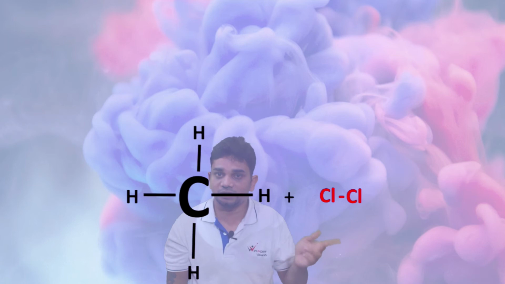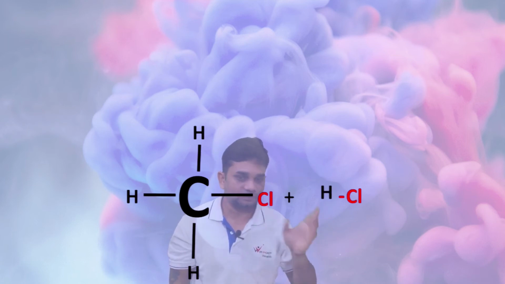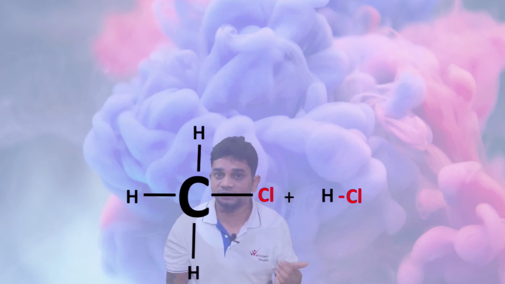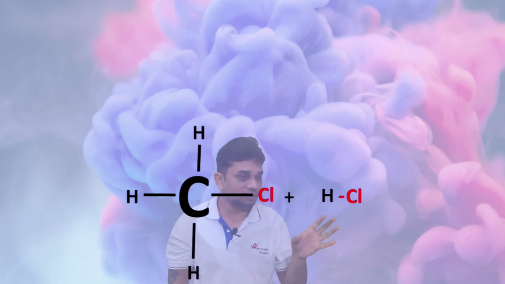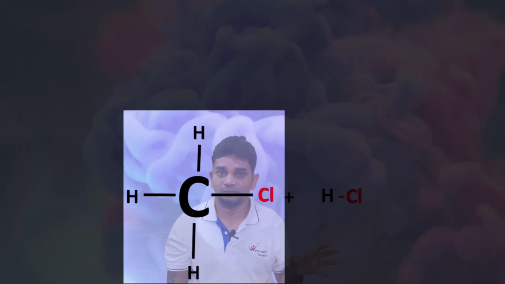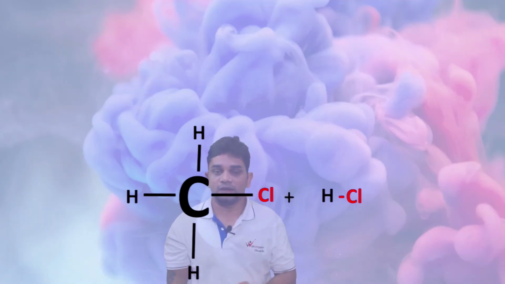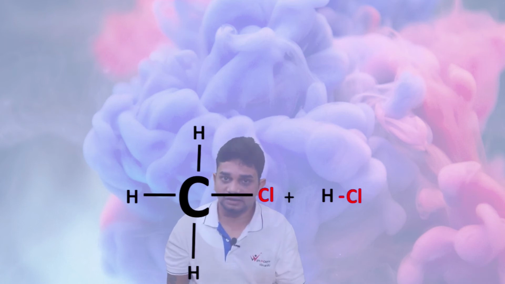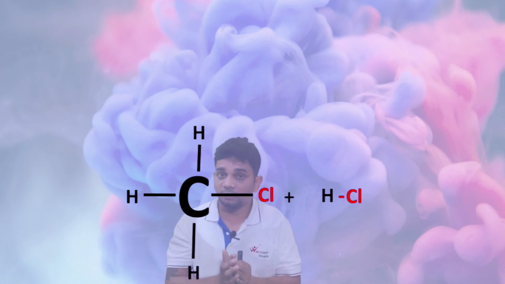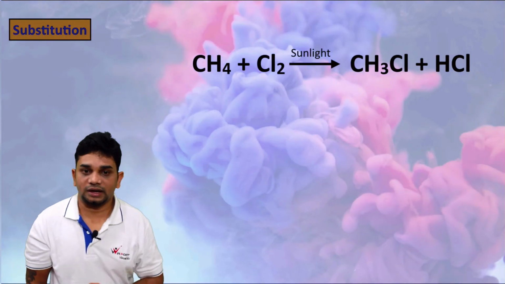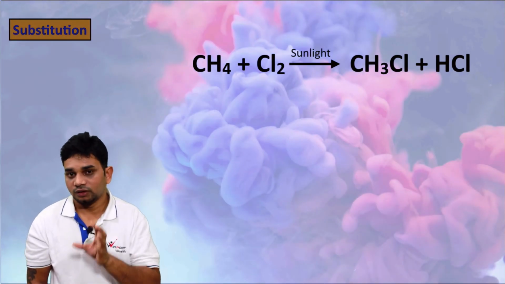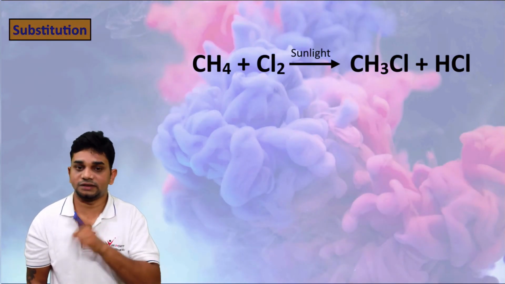Like this. Now we are getting HCl after the reaction, and we are getting a new compound. It is chloromethane, right? This reaction is known as substitution reaction. One hydrogen is replaced by one chlorine atom. CH4 plus Cl2 gives CH3Cl plus HCl.